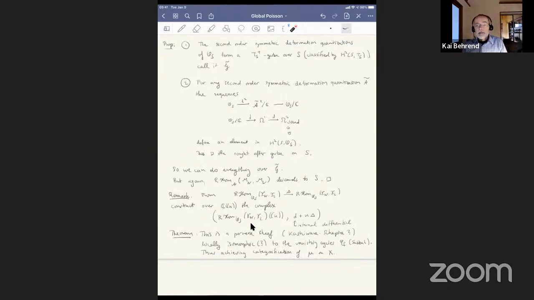So maybe it descends, but I haven't thought about it too much to try to prove that it descends without eliminating this U parameter.